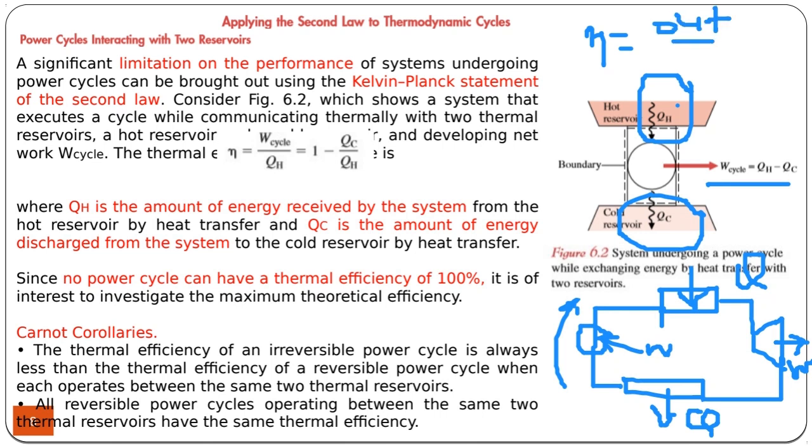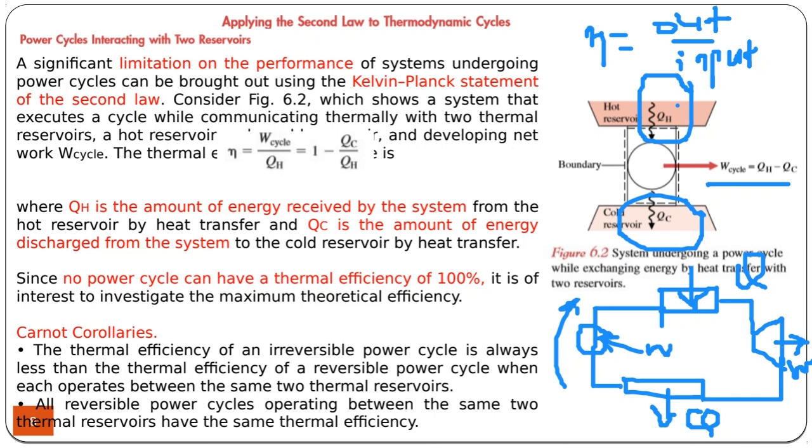If output was equal to input, or in other words, if the work obtained here was equal to Q in the upper reservoir, then you would have an efficiency of 100%. But in reality, this is not possible, because according to Clausius' statement, we have to reject some of the heat.